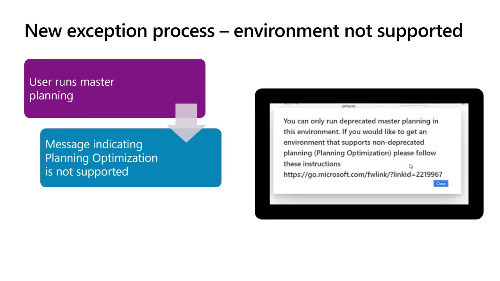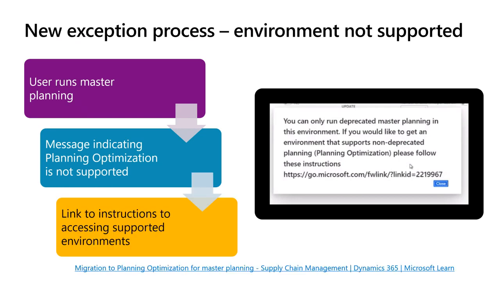Then a message will appear informing the user that they are running the deprecated master planning tool, but planning optimization is not supported. The link will contain how to access supported environments, which is the one we're showing here at the bottom of the slide.